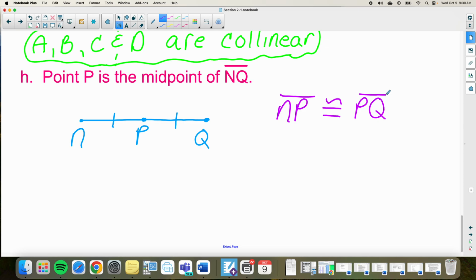So like I said, there are different things sometimes that you can say about that. If there's one that is more specific, I'd rather you go with that. But if I gave this on the test and you said N, P, and Q are collinear, I would accept that, okay?